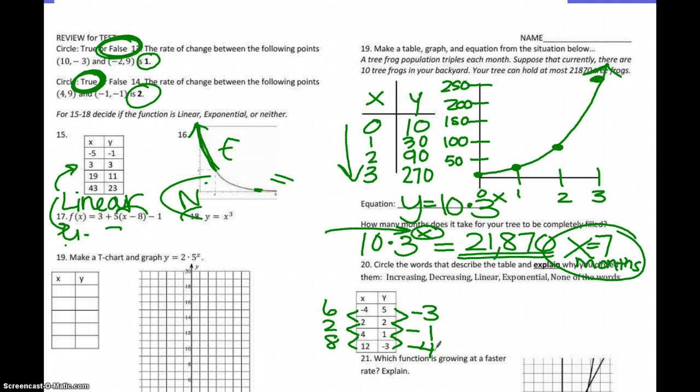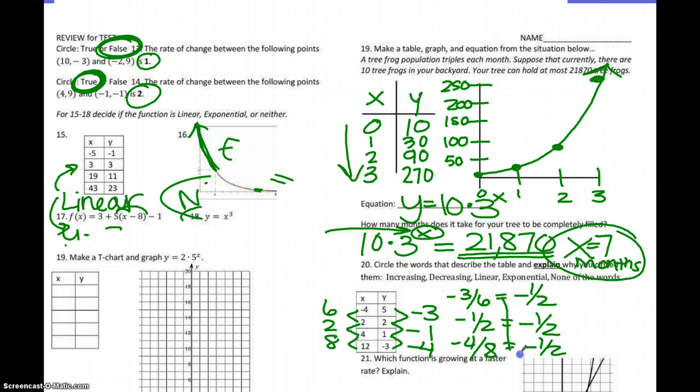So we would like to know, is this staying consistent the whole time? So we got negative 3 over 6. That does equal negative a half. Negative 1 over 2, that is negative a half. And negative 4 over 8 does simplify to negative 1/2.